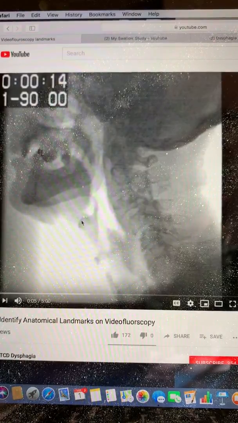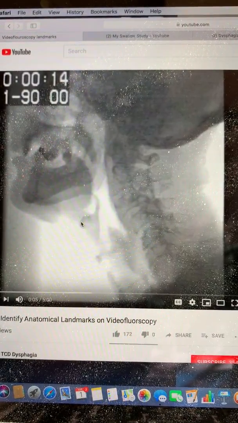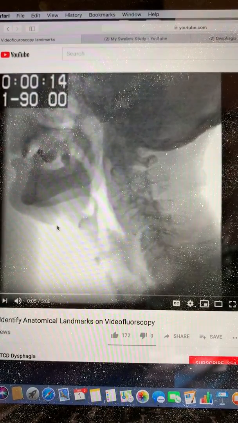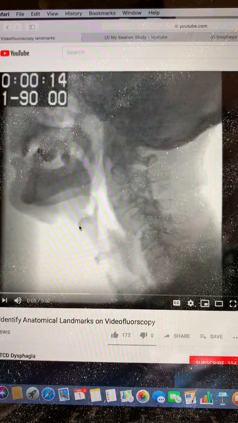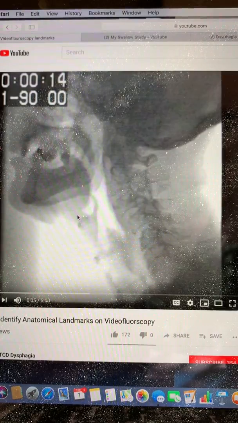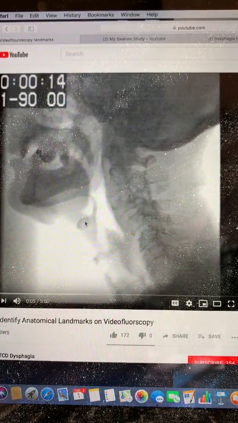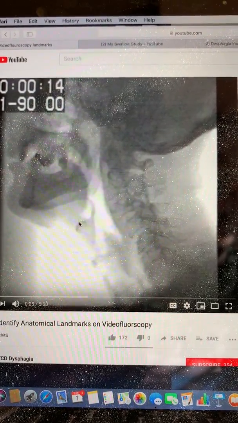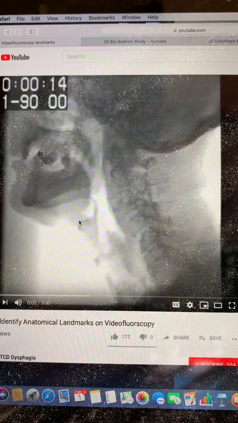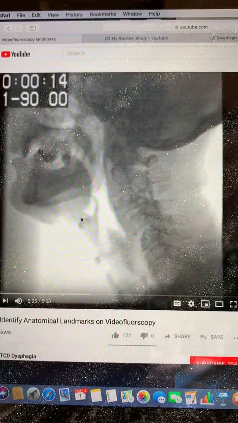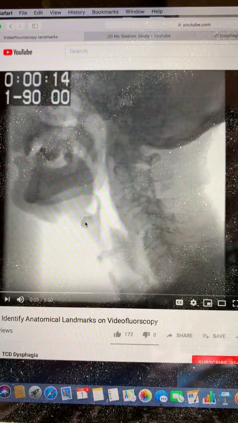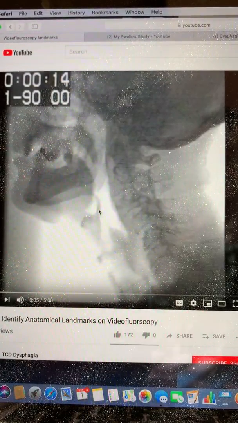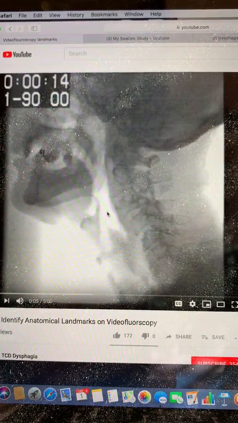Sometimes it's kind of hard to see, especially the forward movement. Some people's hyoid bone doesn't go very far forward, but there is typically always the elevation. The hyoid bone does elevate during mastication, but you shouldn't mistake that with the pharyngeal phase. So when this occurs, the hyoid goes up and out, which creates the epiglottis to fold down.